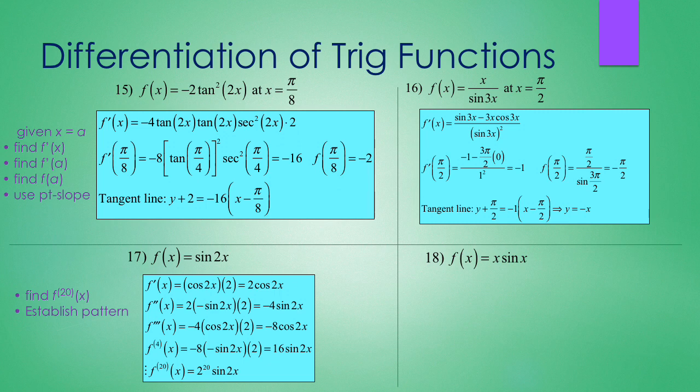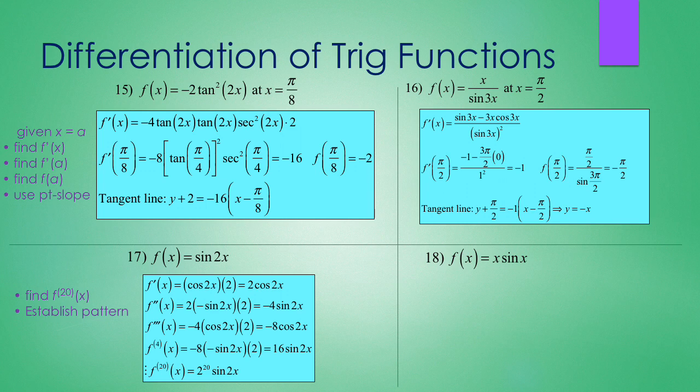Our first derivative is cosine of 2x times 2, which is 2 cosine of 2x. Our second derivative is 2 times the derivative of cosine of 2x, which is negative sine of 2x, times 2, which is negative 4 sine of 2x.